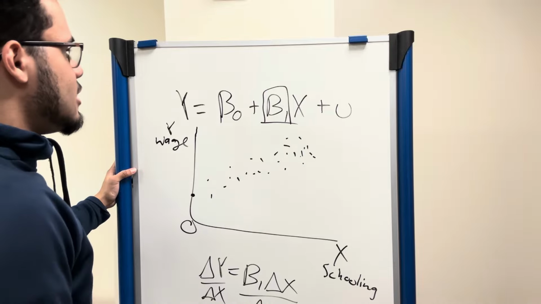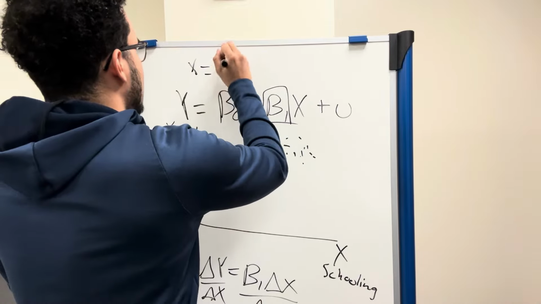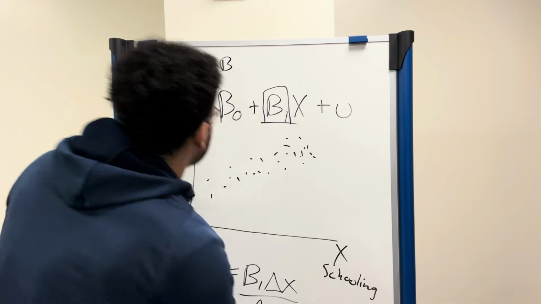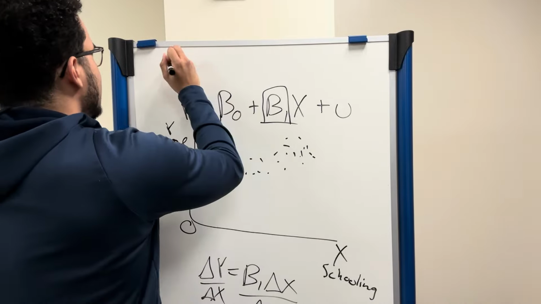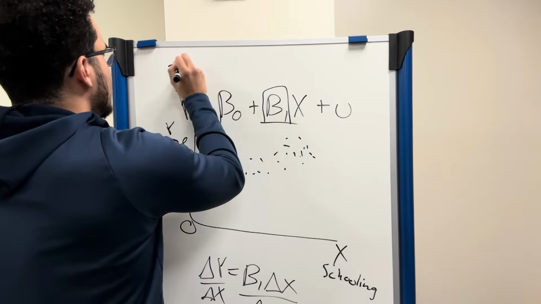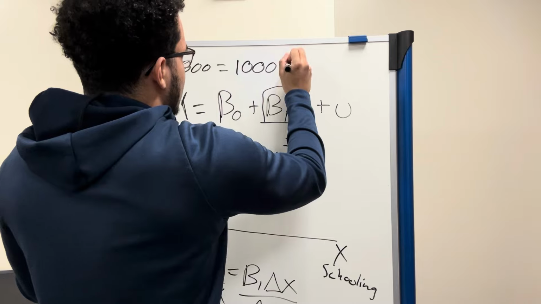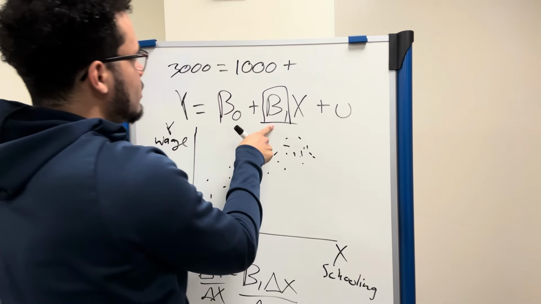So in theory, let's just say it could be 3,000 equals 1,000 plus beta 1 x plus u.